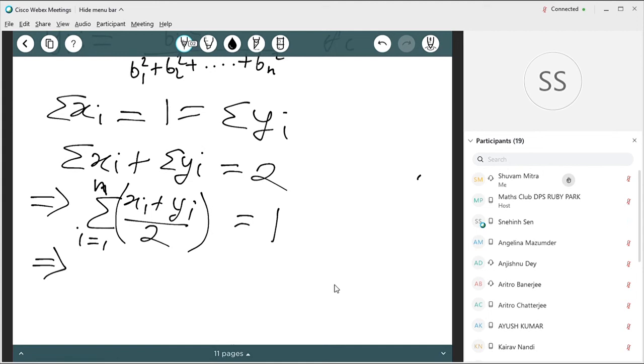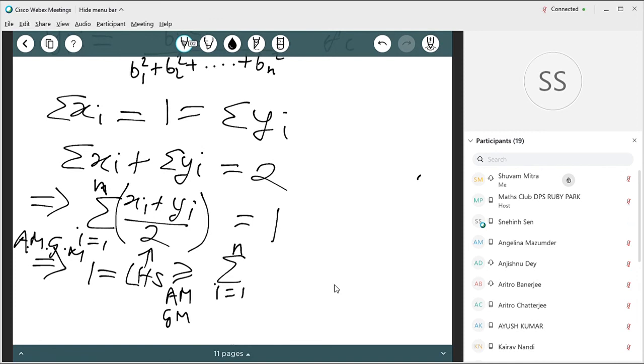But by AM-GM, this left hand side is greater than or equal to, we have 1 is equal to the LHS above. It's greater than or equal to, this is the place where we use AM-GM, the summation, i equal to 1 to n, of root over xi yi. But what is root over xi yi over here?